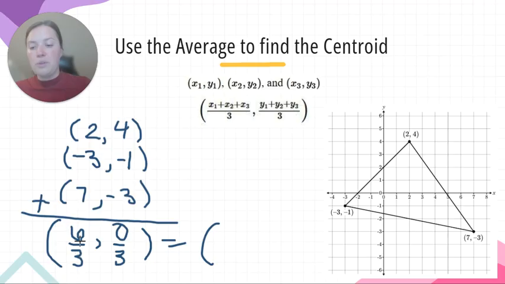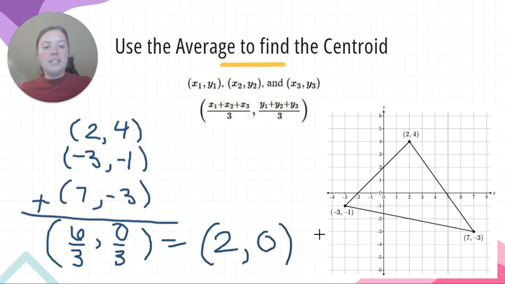So 3 goes into 6 2 times, so 6 divided by 3 is 2. 3 goes into 0 0 times, so 0 divided by 3 is 0. So that means that our centroid for our triangle here is located at (2, 0), and it's this point right here.